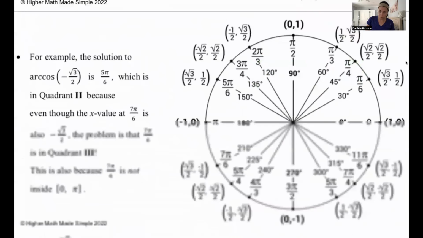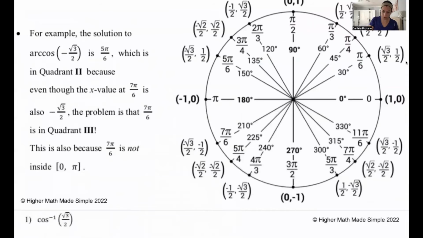So if we, for example, were trying to find arc cosine of -√3/2, again, cosine, we're looking for x values. Sine, we're looking for y values. Tangent, we're looking for y/x. So for cosine, where do we see the x value as -√3/2 on the unit circle? Technically, it's in two places. Here's the x value -√3/2. Some people might make a common mistake and put two answers, 5pi/6 and 7pi/6.